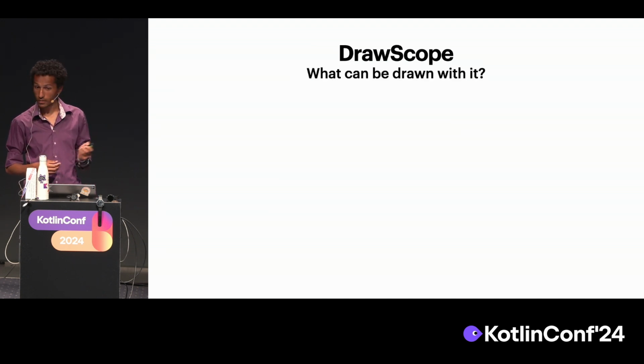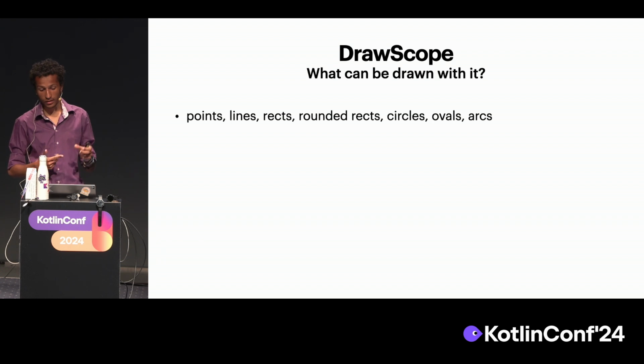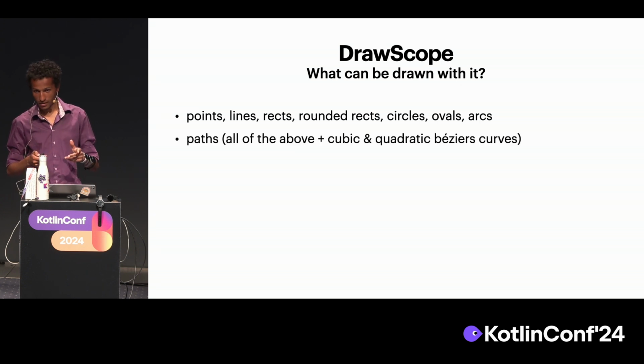So DrawScope, what can be drawn with it? I told you about use cases, but technically, how are you going to fulfill those use cases? First thing is points, lines, rectangles, or rounded rectangles, circles, ovals, and arcs. Nothing more when it comes to shapes. But you also have paths, where you can combine all of that, and also basic curves, which are not that hard as well.